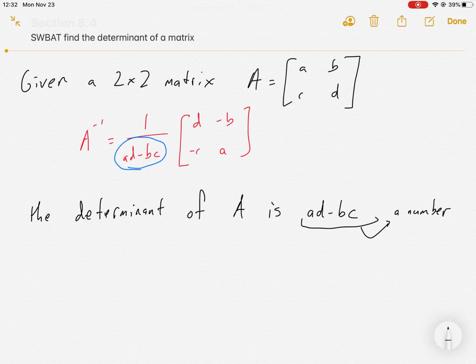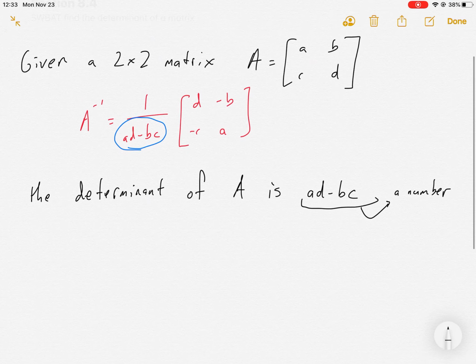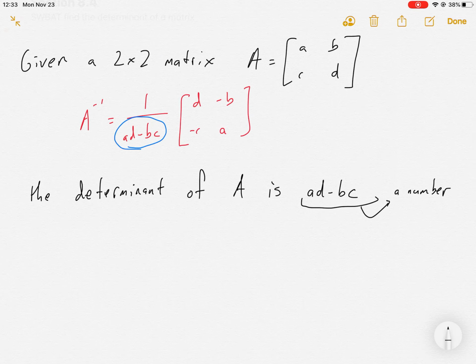The determinant is a way to take a matrix, which is an array of numbers, and boil it down to just a single number. And while this doesn't give us all the information about the matrix, it can tell us quite a bit.